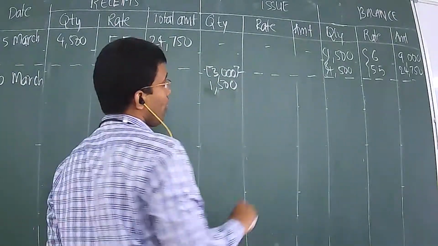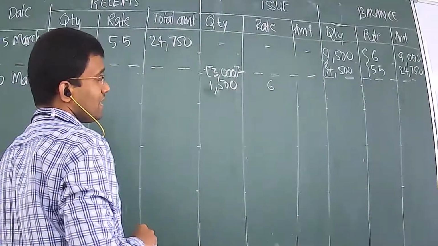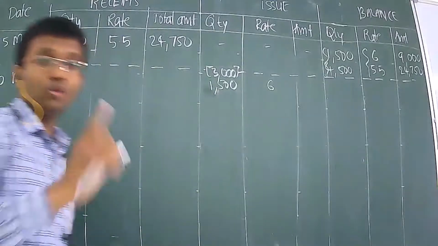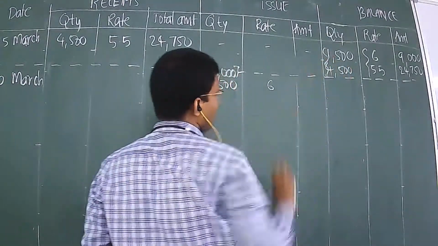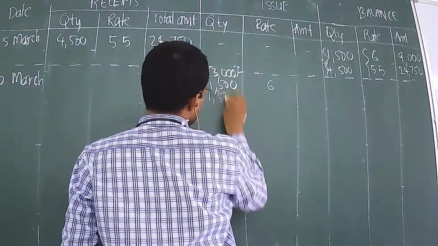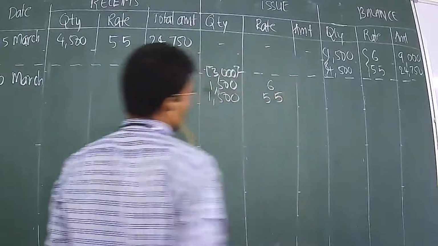This first batch you bought at 6 rupees, so you are issuing it at 6 rupees. You still have another 1,500 to fulfill. That 1,500 you will take from this 4,500, issued at 5.5.